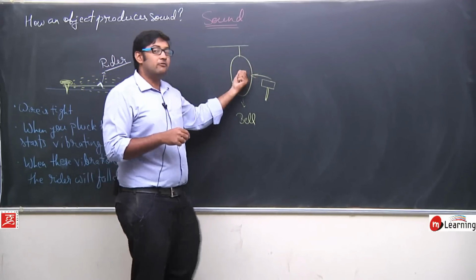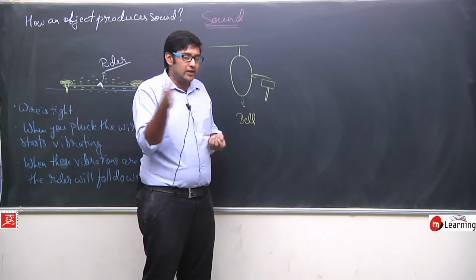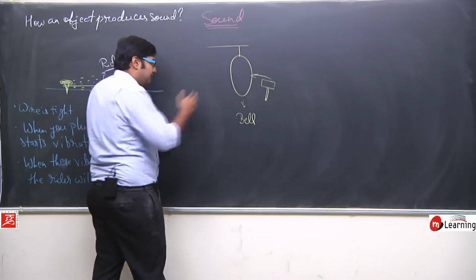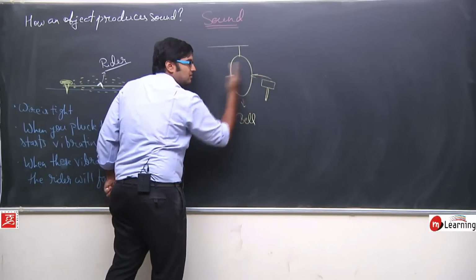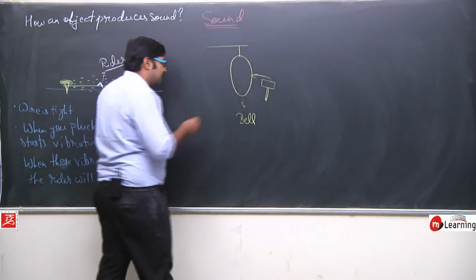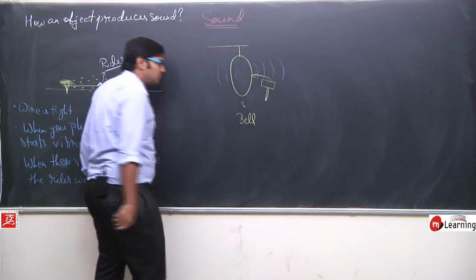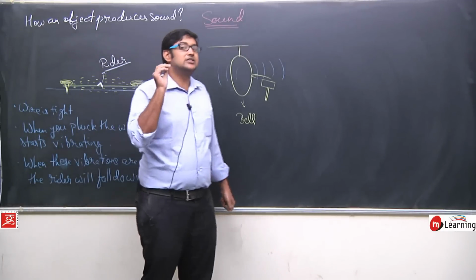This bell will start vibrating. Vibrating means it will start moving to and fro from its initial position. So it will at some point come like this and then go like this. It is a motion which is known as vibration. So this bell will start vibrating like this, and you will be able to hear sound.